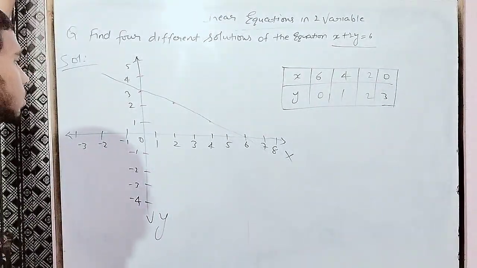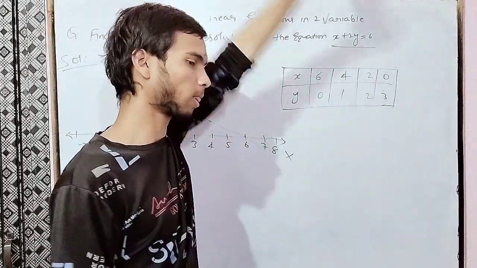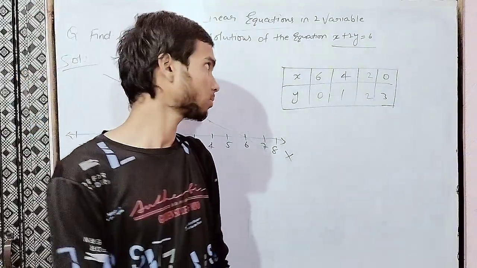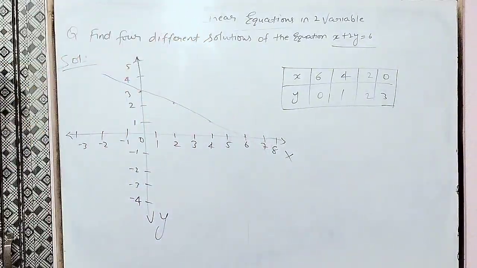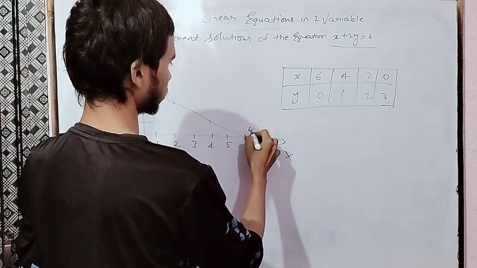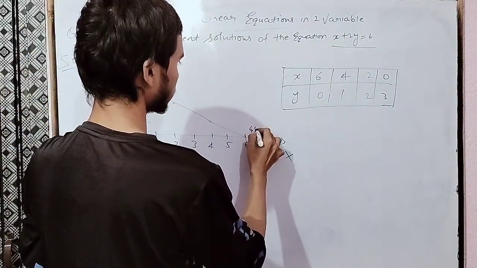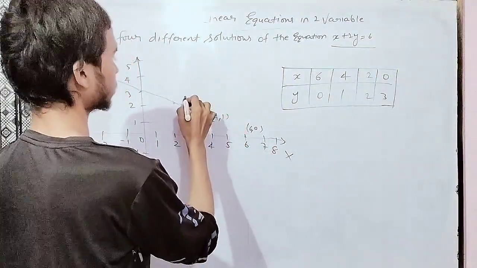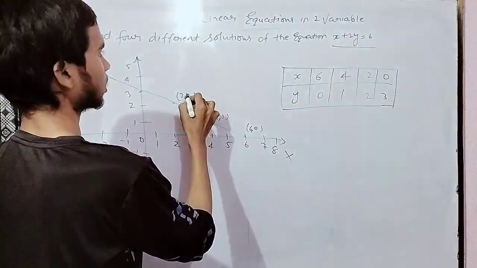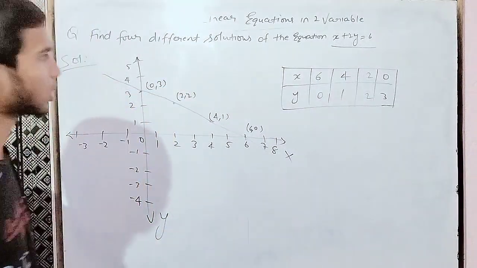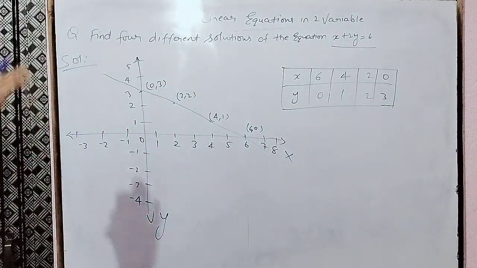So all points will lie on a single line in a linear equation. So that's how you can plot. This was 6, 0, and this was 4, 1, and this was 2, 2, and this was 0, 3. Okay, that's how you can plot any coordinates on a graph to visualize.